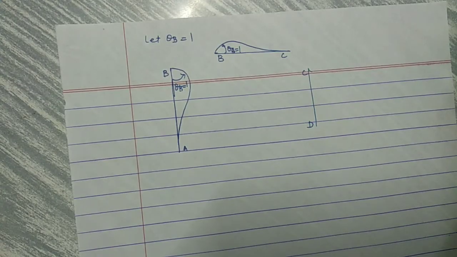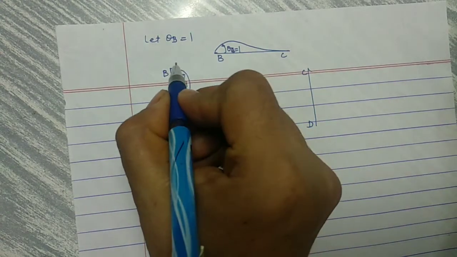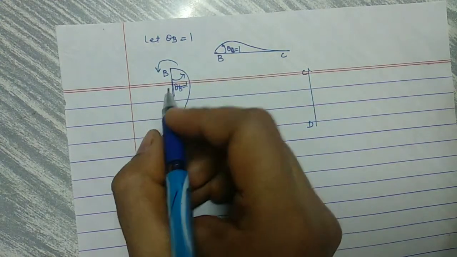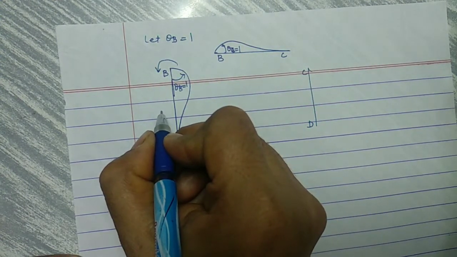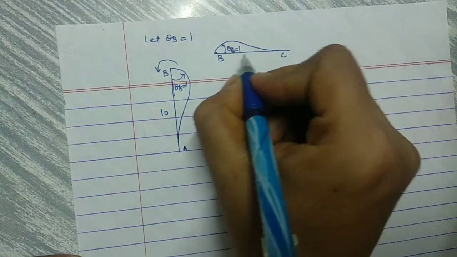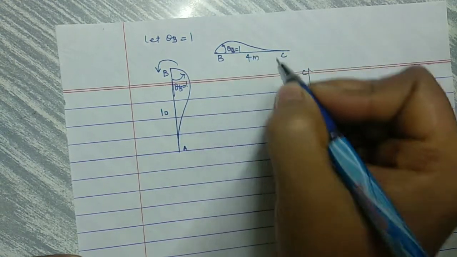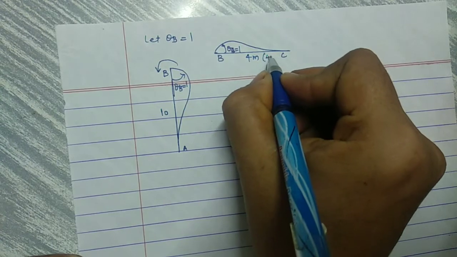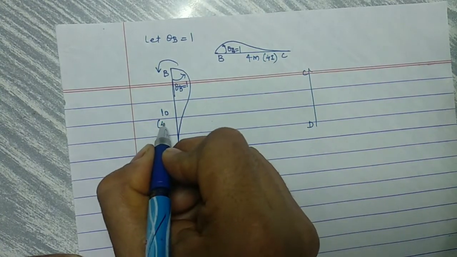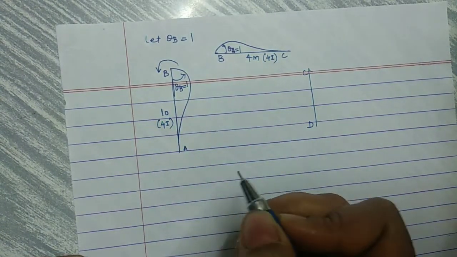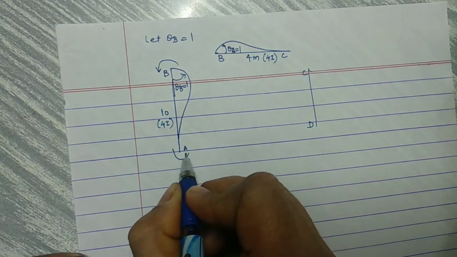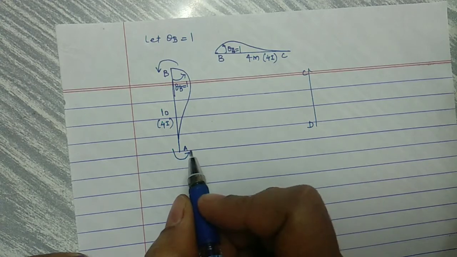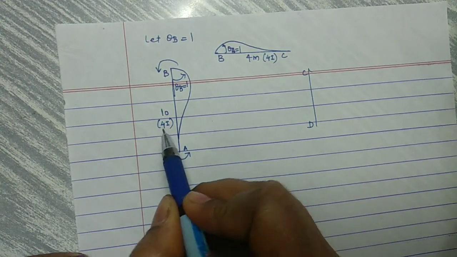Now calculate the rotational stiffnesses. Before that, the length of AB member is total 10 meter. For BC member, length is 4 meter. I is given 4 times I for both AB and BC member, so that we have to consider while calculating these rotational stiffnesses, 4 EI upon L and 2 EI upon L. So I should be multiplied with 4.